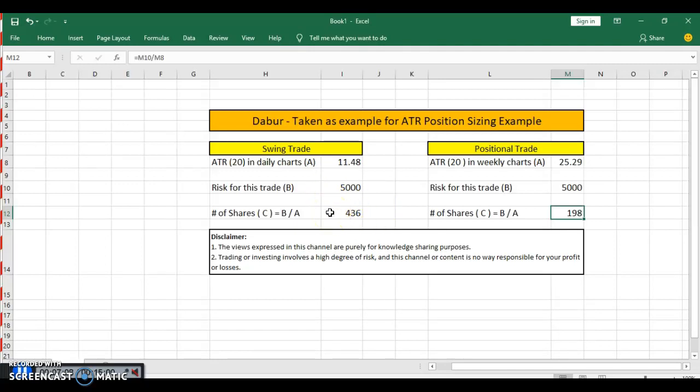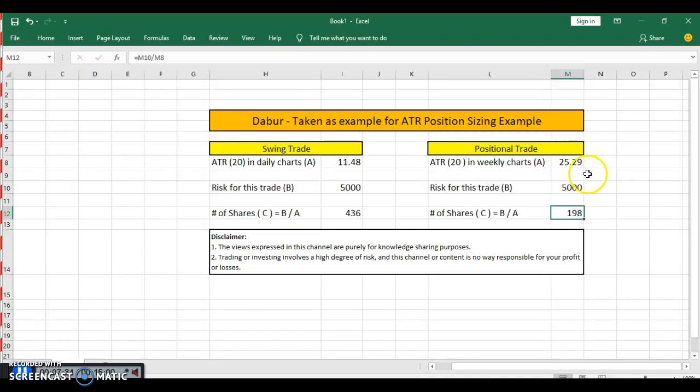Even in worst case scenarios like a huge gap down, let's say in a positional trade, in case of some negative news on Dabur, if it even opens gap down, 90% of the times it will not open 25 rupees gap down, it may max open around 10 or 15 rupees gap down.